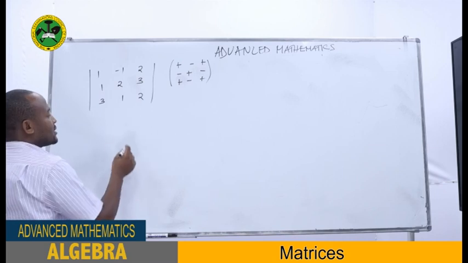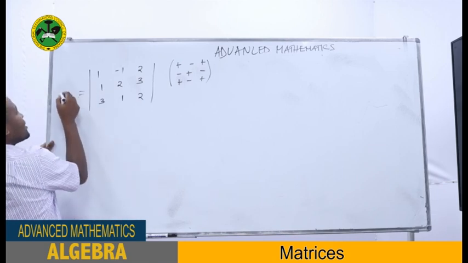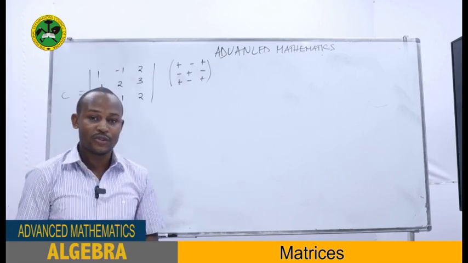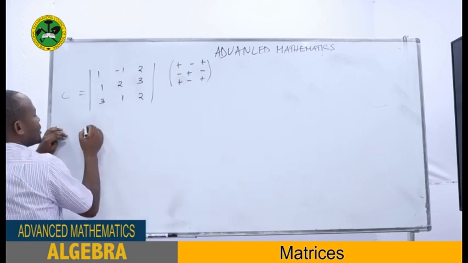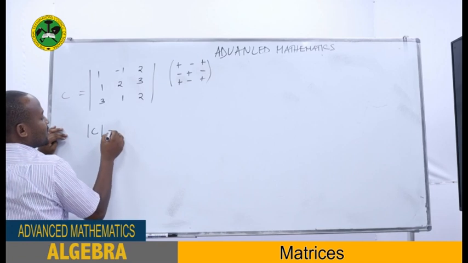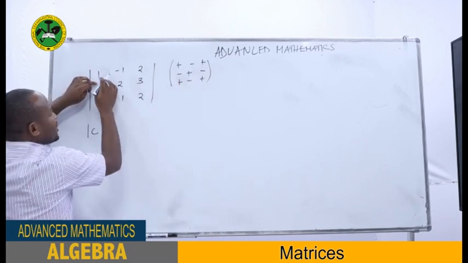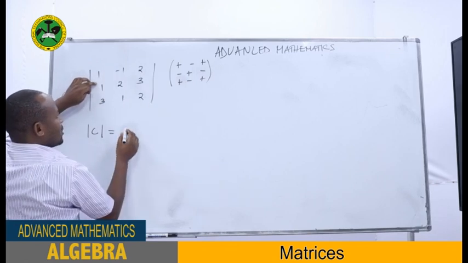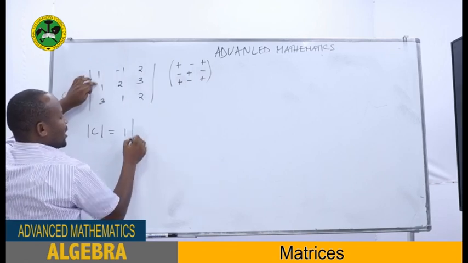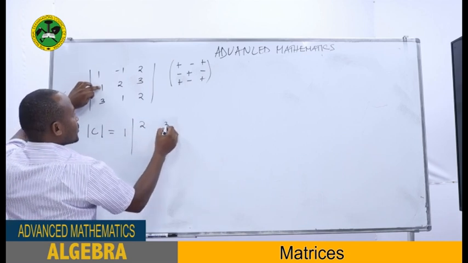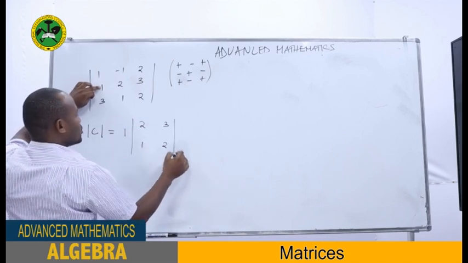Let me call this matrix C. That means we are going to find the determinant of the matrix C, and remember to use the pattern. If we use this row, we have 1, and the matrix that is left will be 2, 3, 1, 2.